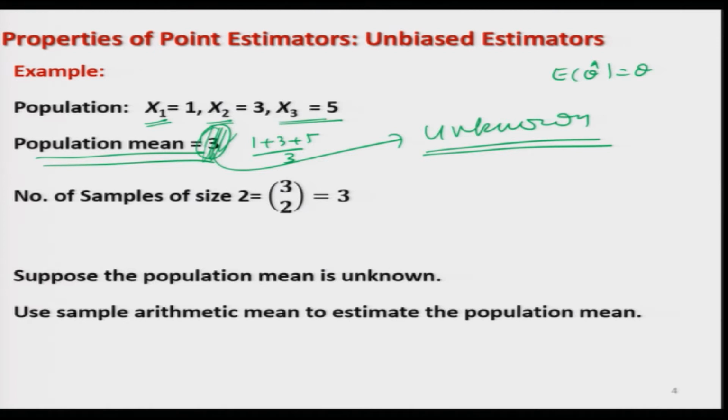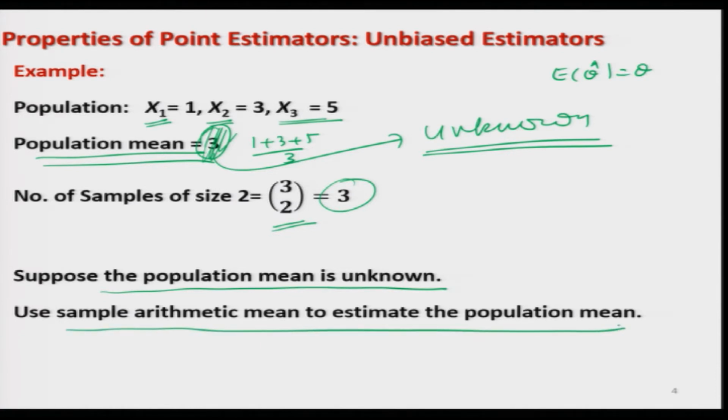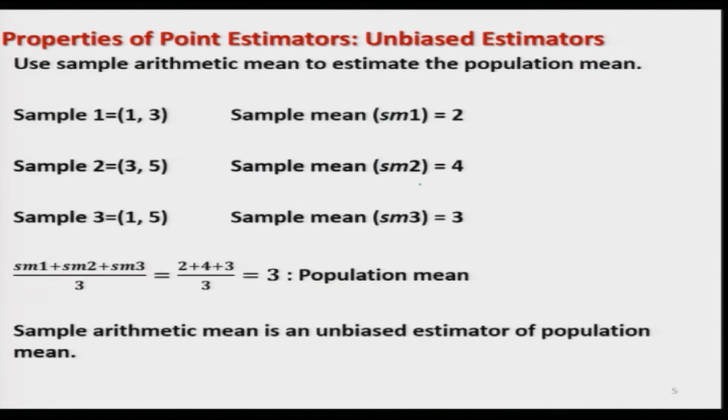Now, suppose you want to know this value and you try to draw a sample of size 2. Now, there are 3C2 or say 3 choose 2 possible ways in which you can draw a sample of size 2 from a population of size 3, right. So, 3 choose 2 is equal to 3, right. Now we want to estimate the unknown population mean by the sample arithmetic mean, right. And so, for that we choose all the 3 possible samples and find the sample mean.